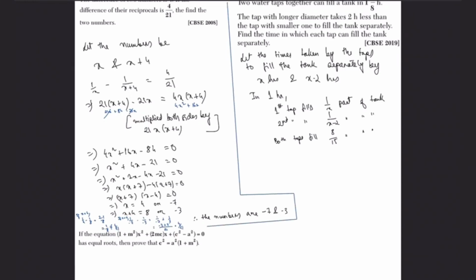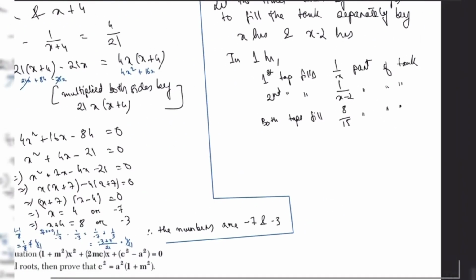Yes, now we're good. So our equation is 1 by x plus 1 by x minus 2 equals 8 by 15.